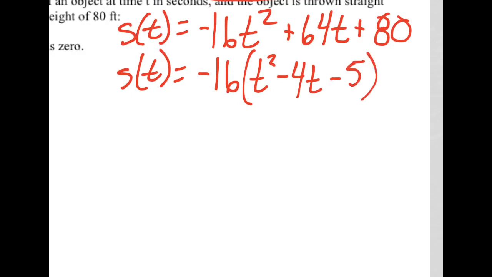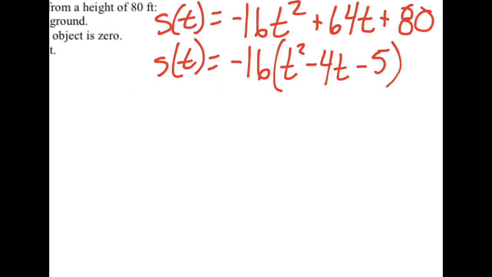And now we need to find the time when the object hits the ground. Well, the object hits the ground when the height is 0. So we're going to say 0 equals this, and we're going to factor it. So t squared minus 4t minus 5. What two numbers multiply to give you negative 5 and add to give you negative 4?